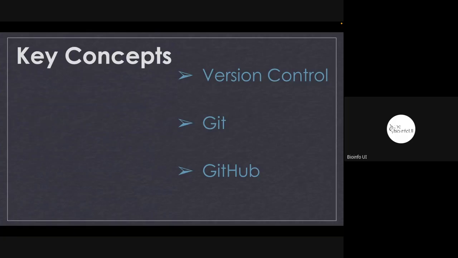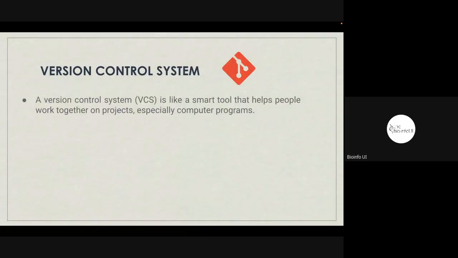Okay, so these are the key concepts I'm going to cover: version control, what version control really means, then what is Git, and then what is GitHub. Let me start with a general overview of what a version control system does. Say we're writing an essay, a thesis or a project.